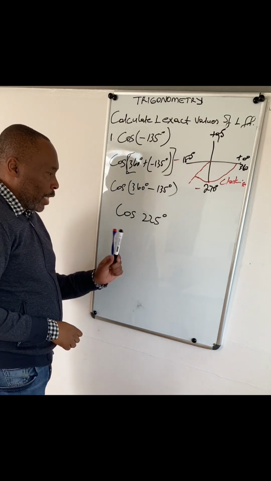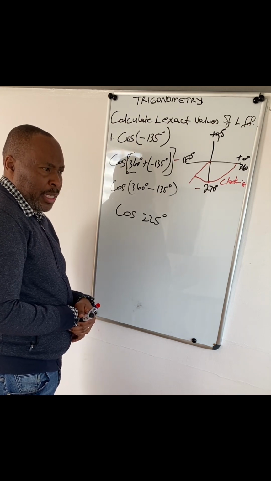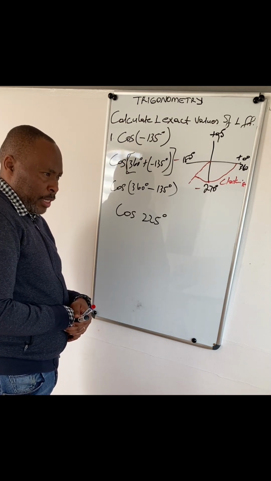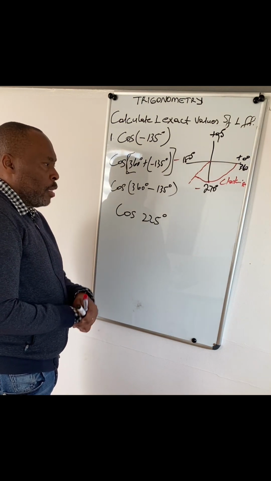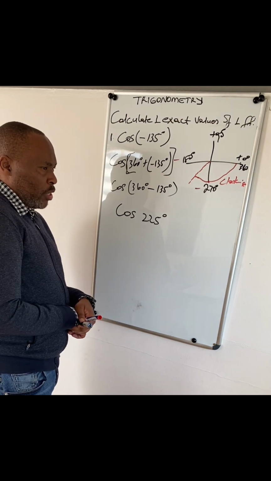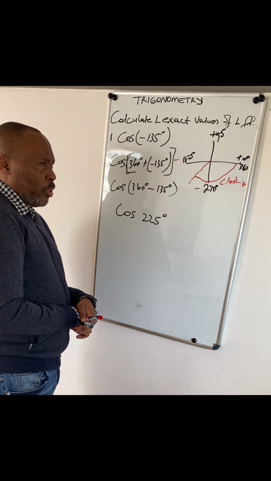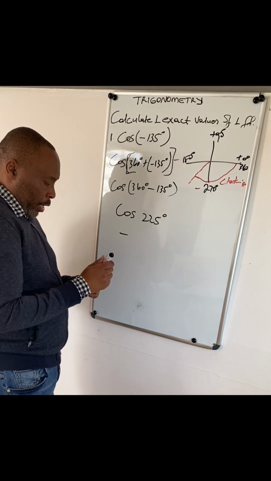When you are here, you start asking yourself, 225 is in which quadrant? It's the third quadrant. You've ascertained that, you are comfortable with that, and then you'll say, but how is cos in the third quadrant? Cos is positive in the first and fourth quadrants, therefore cos is negative here.